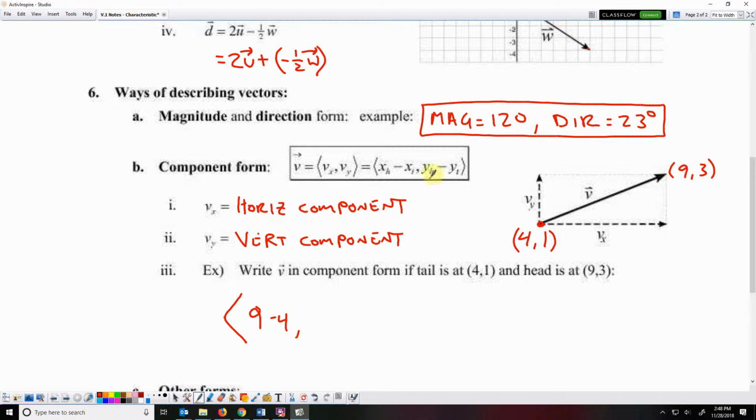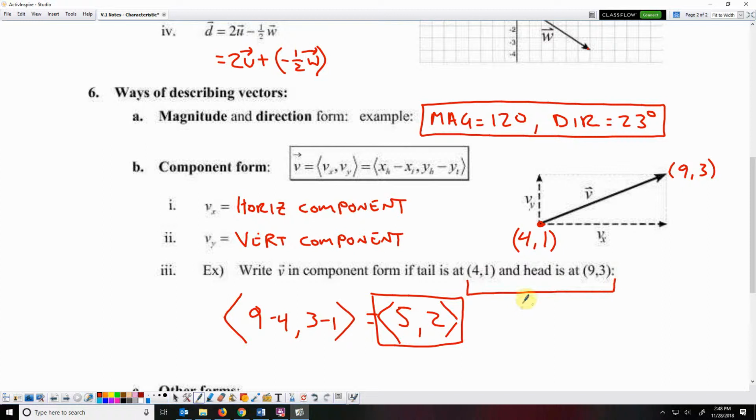And then the y from the head minus the y from the tail. 3 minus 1. So that would be 5, 2. So this is component form for that vector. We always must subtract head minus tail.